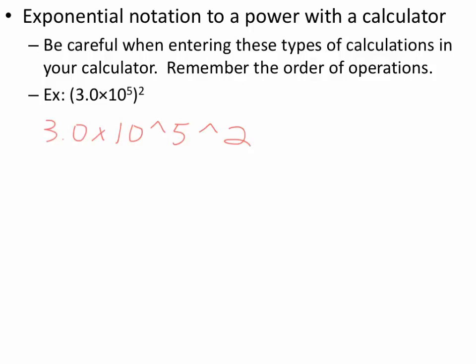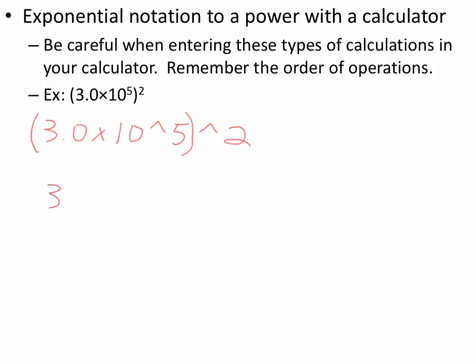And this means that what you need to do is type an open and close parentheses in here before you go to square it. Because remember, we want to square the 3 here in addition to our 10 to the 5. So you either need to put in these parentheses before you go to square it, or you can type in this number in a slightly different way.